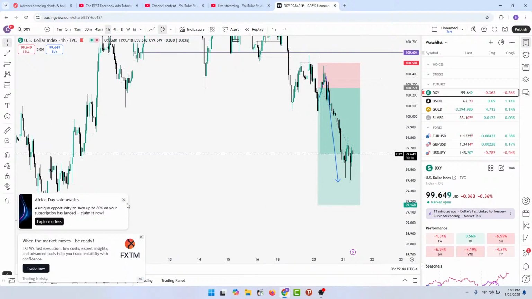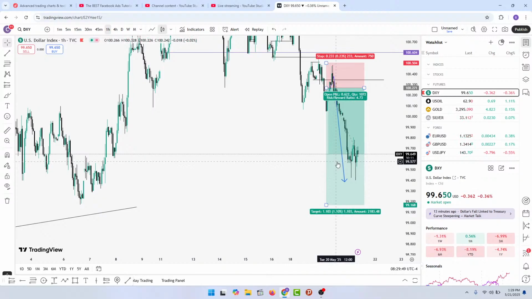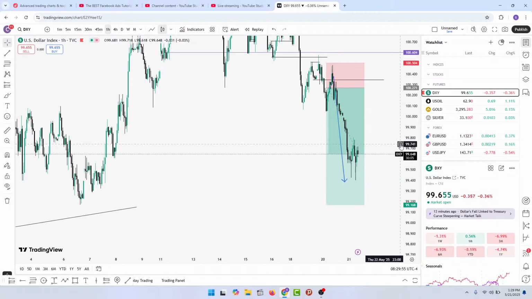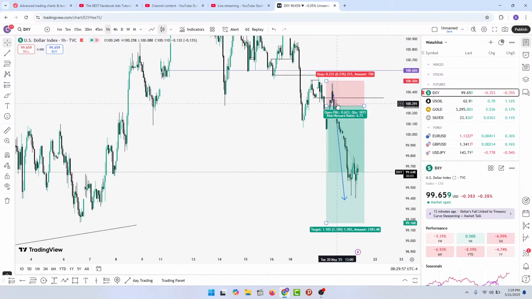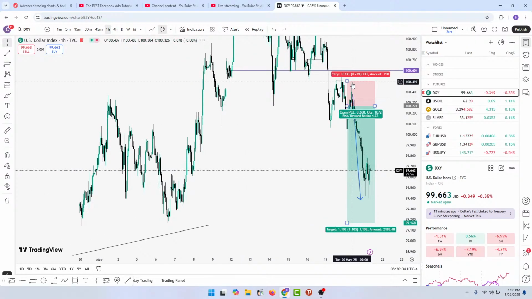Okay, so yesterday we actually forecasted we wanted to sell the dollar bearish, and the dollar actually traded bearish, even though those of you who must have taken the entry and had a very tight stop loss must have been taken out. I'm very sure a lot of you must have been taken out because of the tight stop loss.